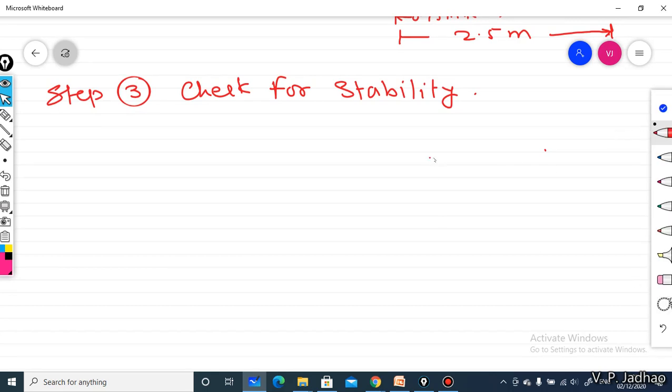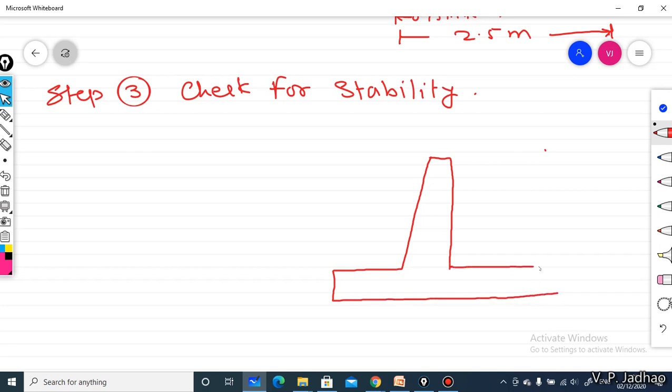So if this is your retaining wall, a number of forces will be acting on it. We will draw the forces which are acting on this retaining wall. First we will find out which are the resisting forces, which will be resisting the overturning moment developed due to the horizontal earth pressure acting on the retaining wall.